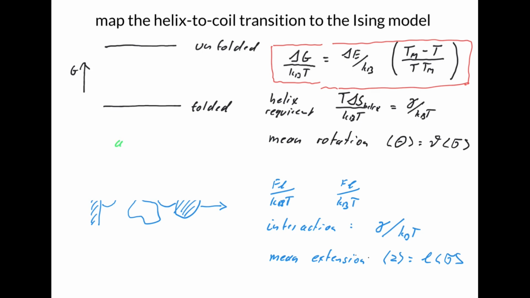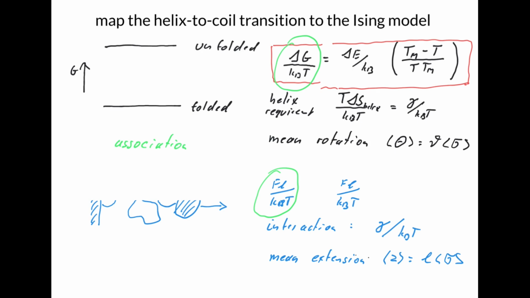So we can easily associate the different parameters in the Hamiltonian, or in the energy. The association would be that the addition of the amino acids, which is equal to delta G divided by kT, we can associate with the stretching energy equaling F times L divided by kBT.